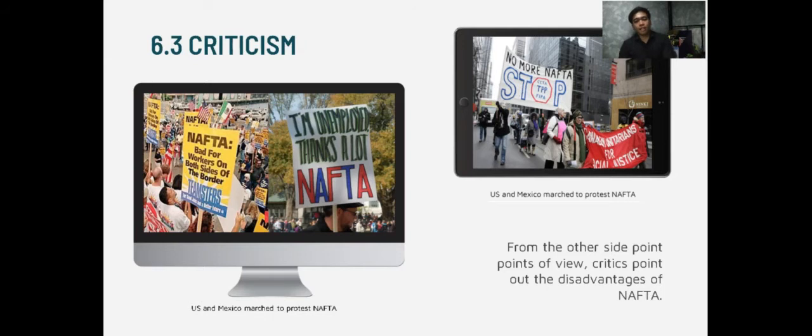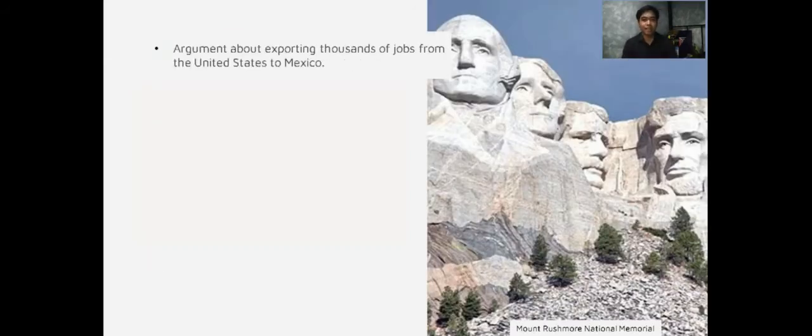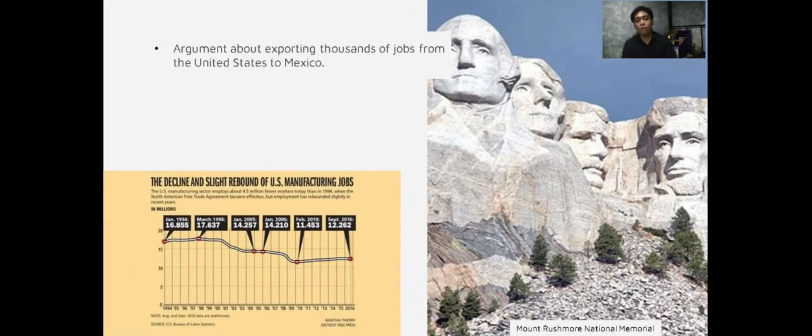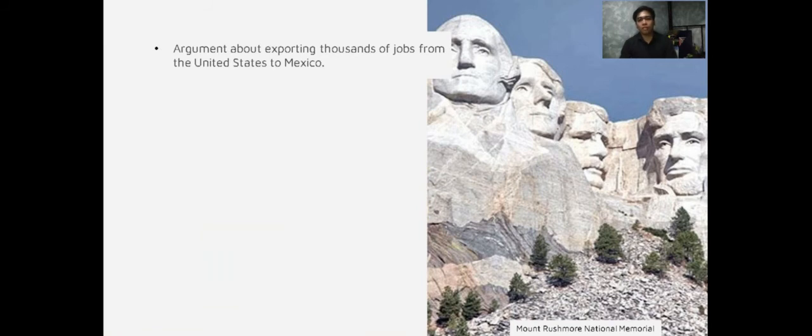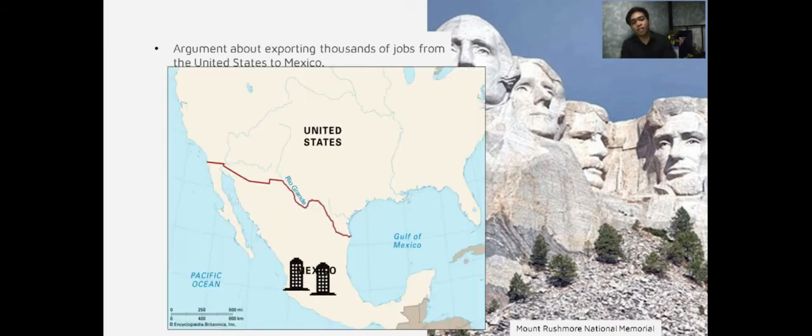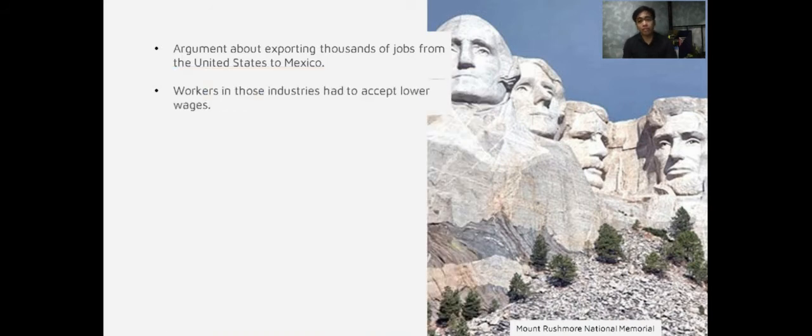The first problem is that certain estimates indicate that it led to job losses. The argument is about exporting thousands of jobs from the US to Mexico. Workers in those industries, such as manufacturing, automotive, textile, computer, and electrical appliances, had to accept lower wages.